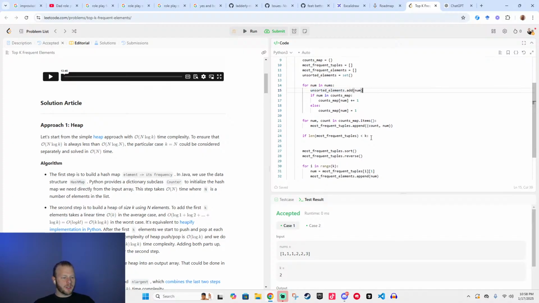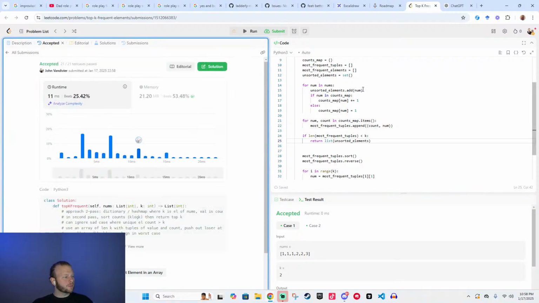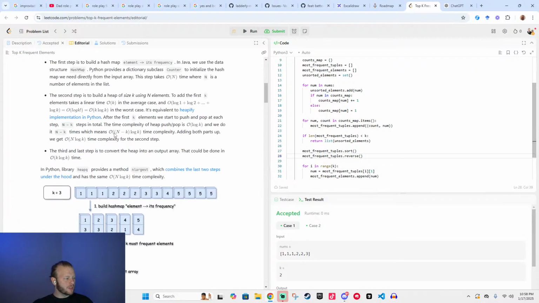So I'll just add that every time, and here I can return a list form of unsorted elements. Okay, so theoretically that saves us the sort here, but it only handles an edge case, so it doesn't make much of a practical difference.